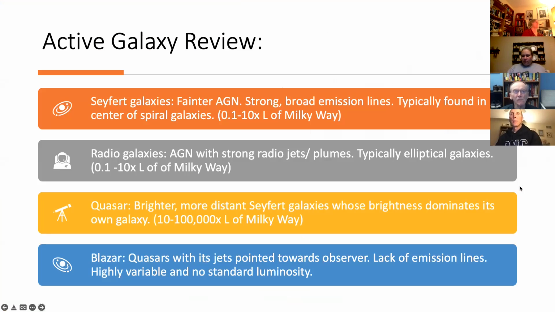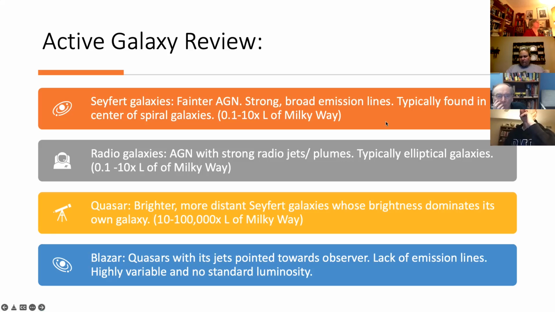So in review of this, I just want to go over the 4 different categories and subcategories of active galaxies that I've talked about. First were Seyfert galaxies. These are galaxies with fainter active galactic nuclei, right? Their nucleus is not as bright. Therefore, you're able to actually see the stars and gas around it.